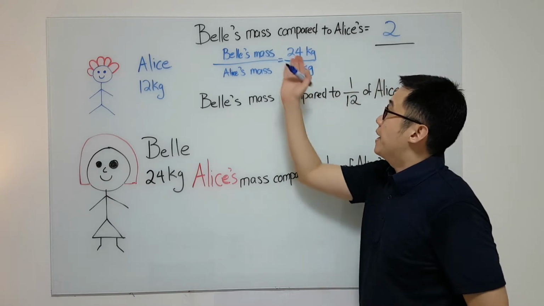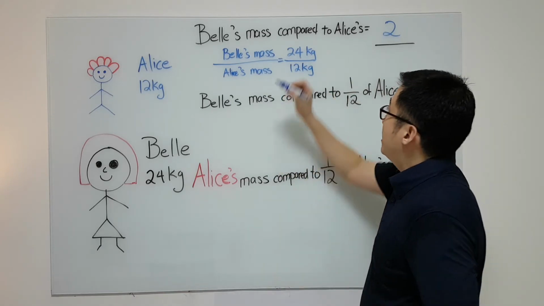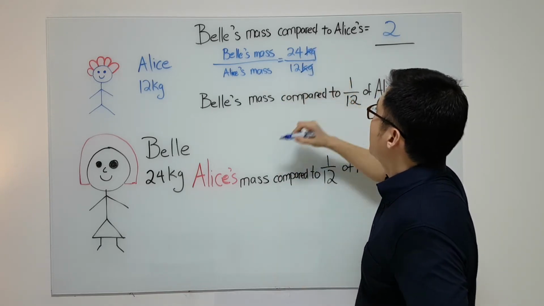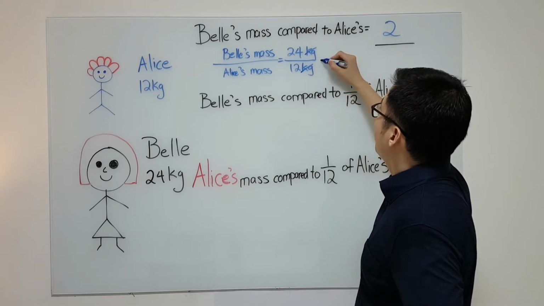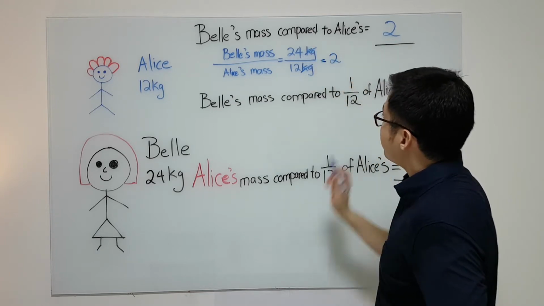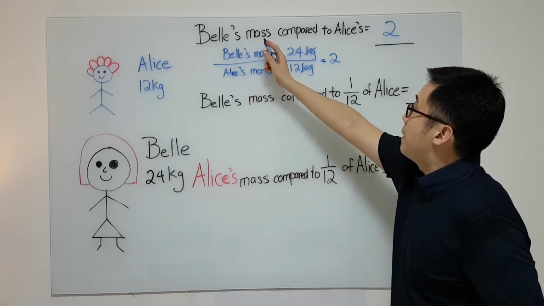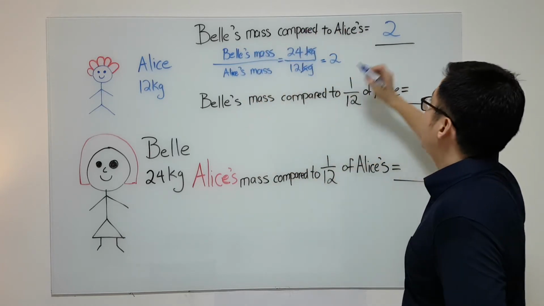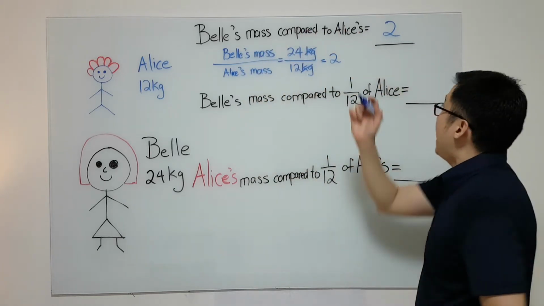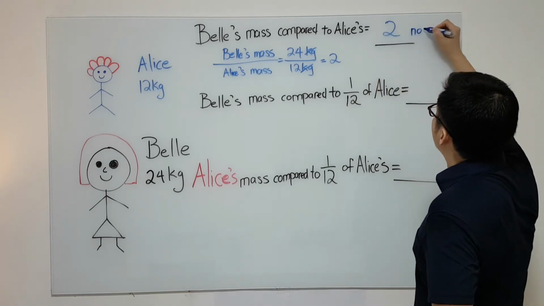When we are comparing and dividing in this way, we cancel out the units and 24 divided by 12 gives us 2. That is why Belle's mass compared to Alice is 2. And there is no units.